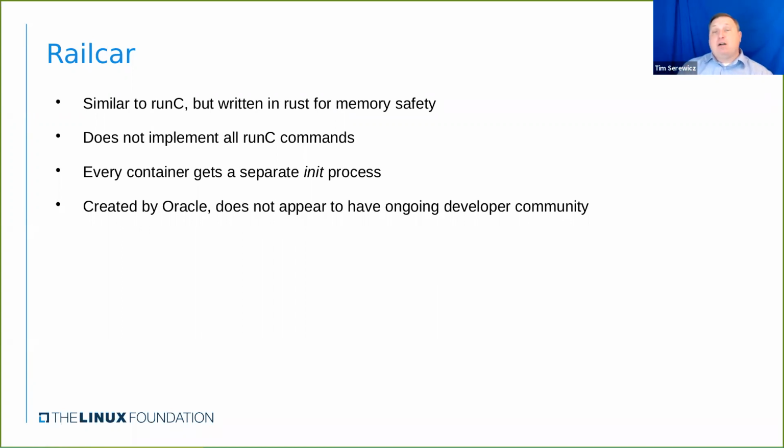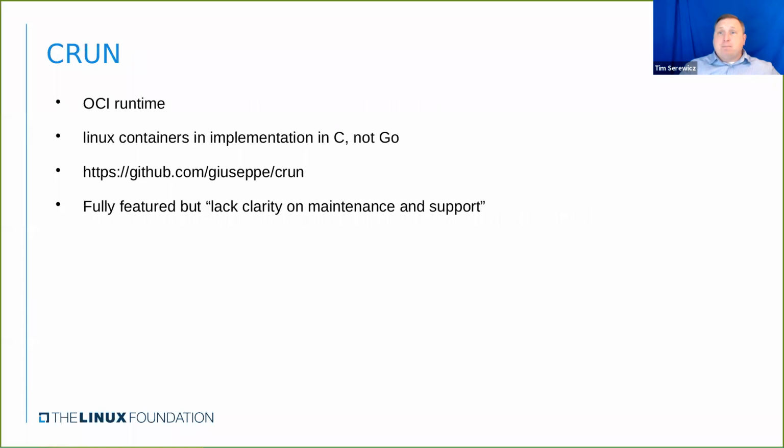Similar to how CRI-O works, every container gets an init process. It was created by Oracle. Strangely enough, Oracle has MySQL and open source in its past, so nobody has gone to help. So Railcar appears to not be updated. I noticed there were some updates, all by Oracle employees, but nothing minor. The community has not gotten behind Railcar from anything I've seen.